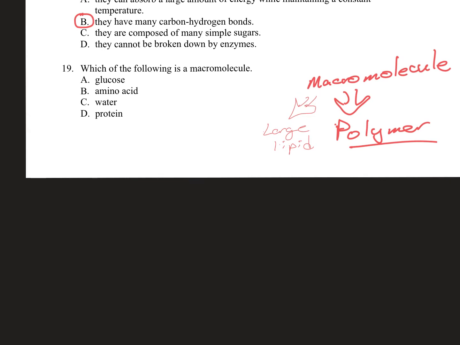Is it glucose? Glucose is a single monomer. You take a bunch of monomers and you put them together to make what? A polymer. A carbohydrate, a complex carbohydrate, is a long chain of sugars.